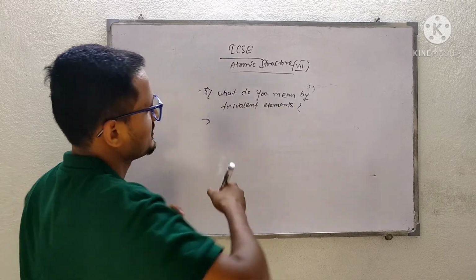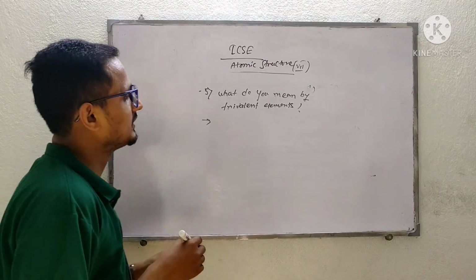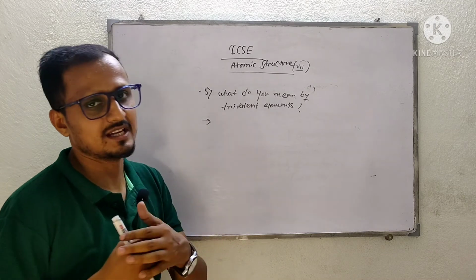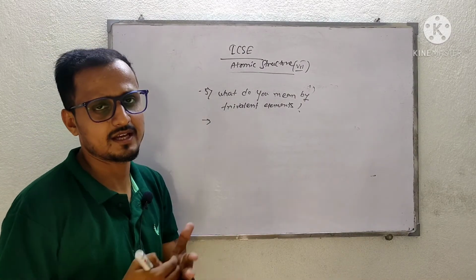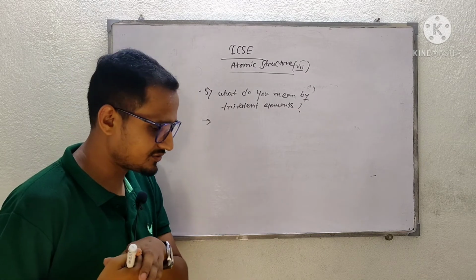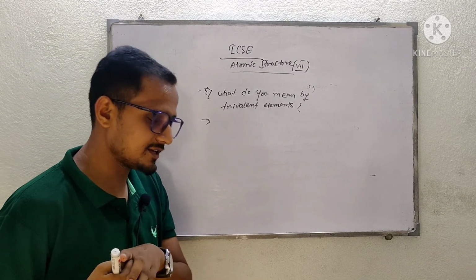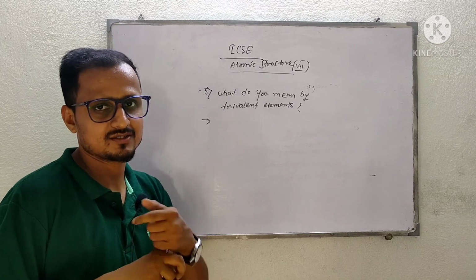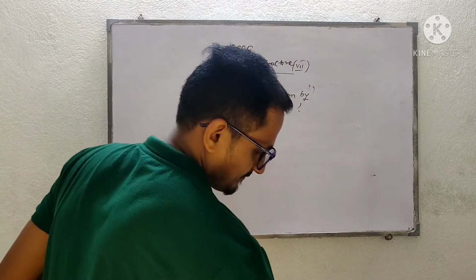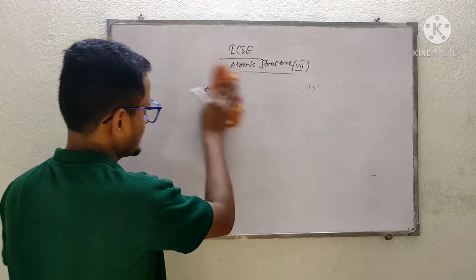Now the elements whose valence is 3 are called trivalent elements. Simple. I am not writing the answer, I am just telling you: the elements whose valence is 3 are called trivalent elements.